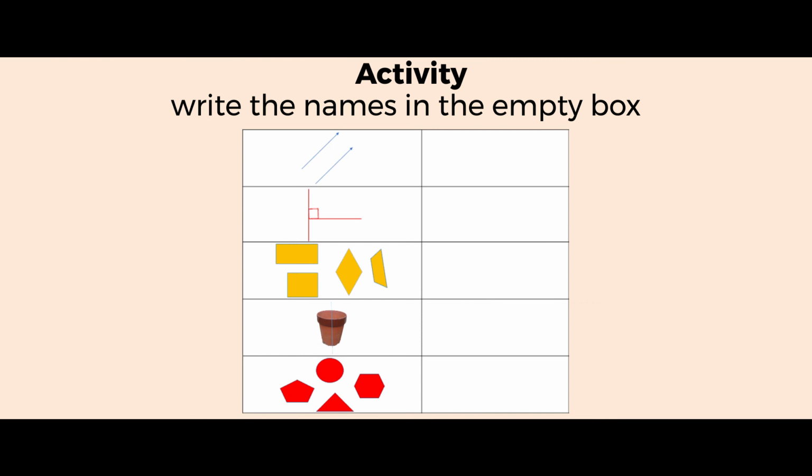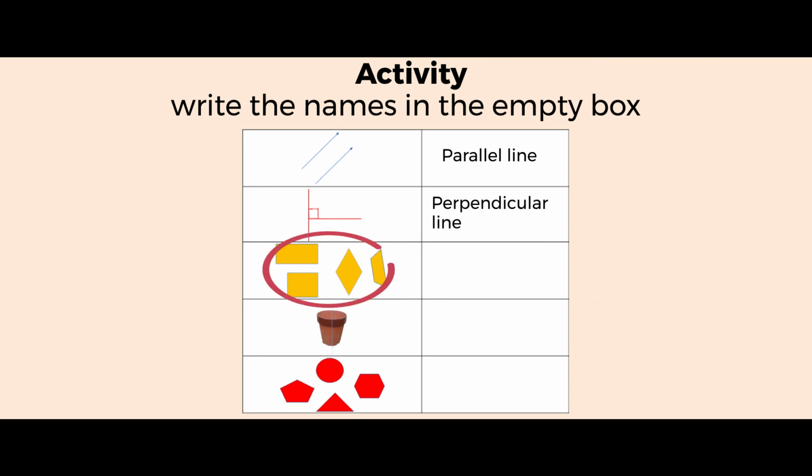What could this be? You need to write it here. The name of this line is parallel line. What about this? Do you remember we learned about a line which meets at 90 degrees? Yes, this is a perpendicular line.